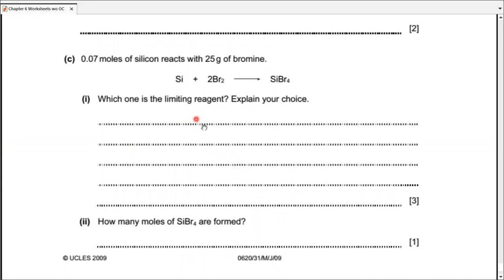They have given you a big writing space, 3 marks: identify the limiting reactant and explain your choice. Now, the moles of silicon have already been given, so you don't need to work with them. The moles of bromine is something that you're going to find out. And then you're also going to tell them how many moles of the product are formed.